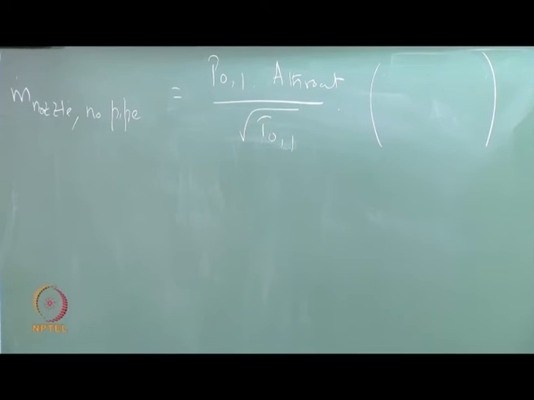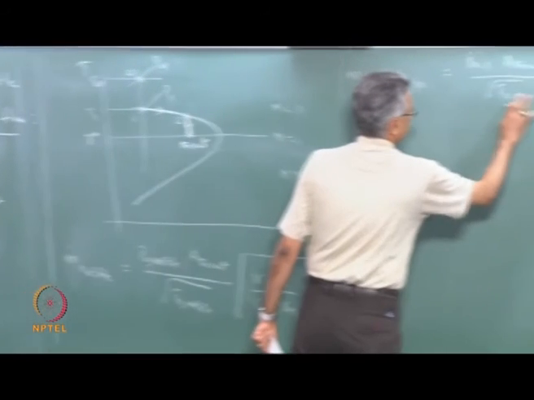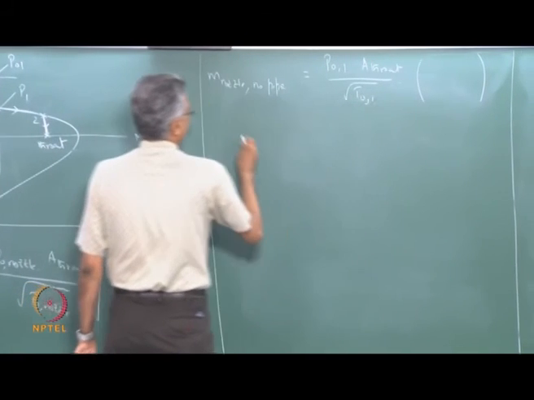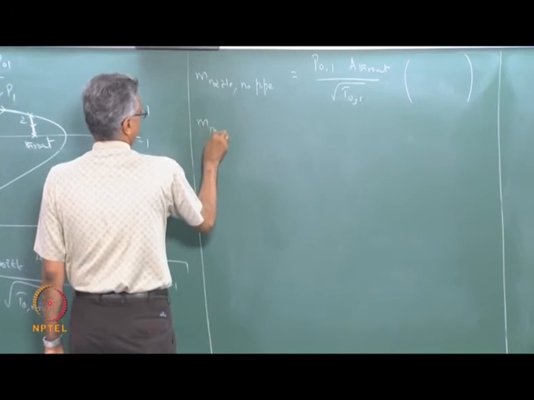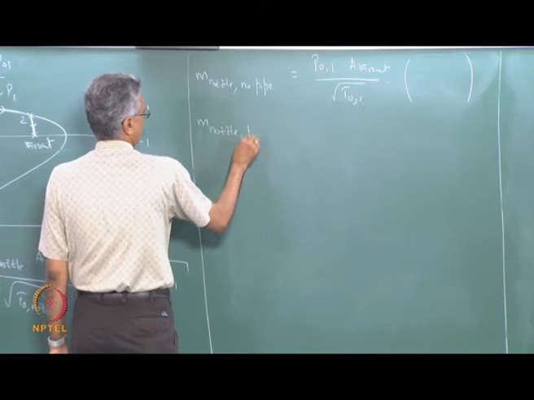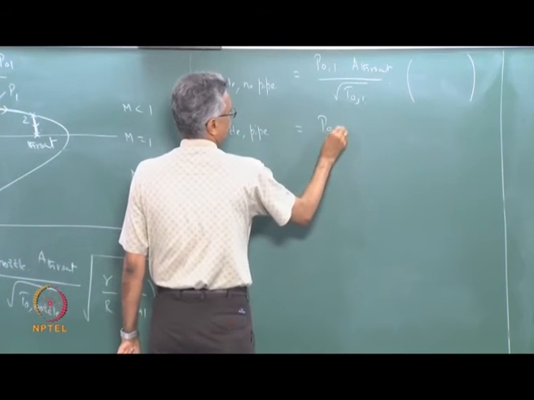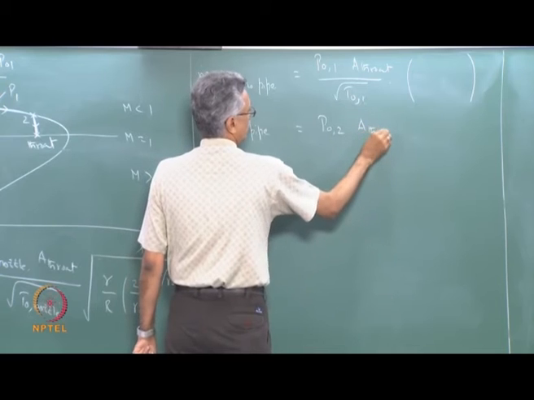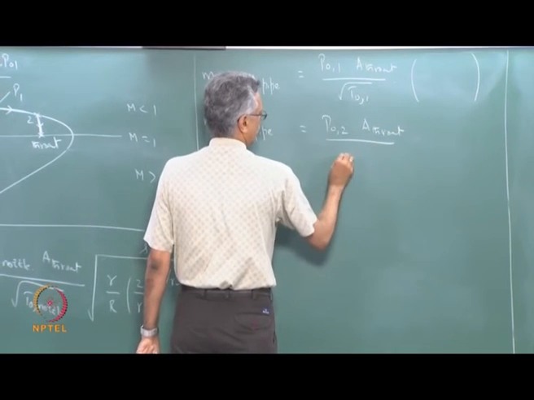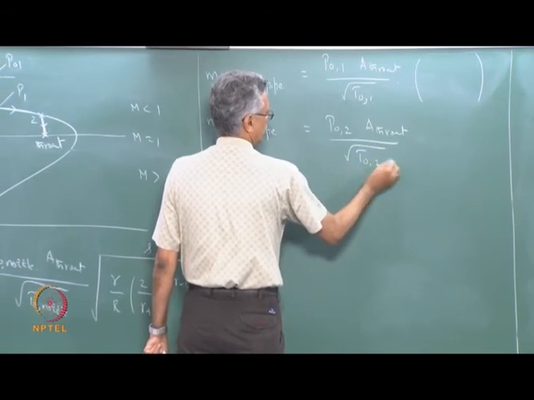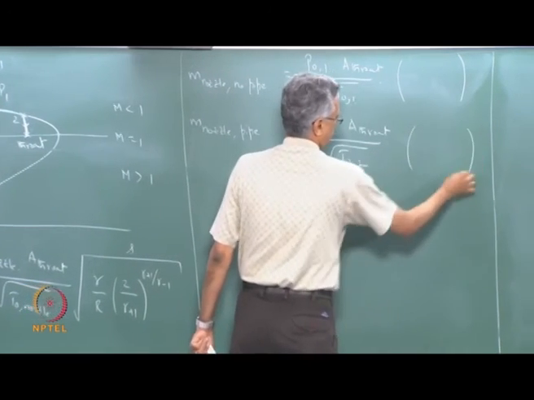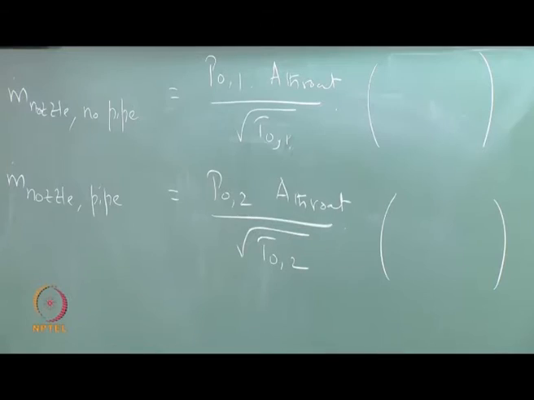Now, when the pipe is present, this becomes P02 times A throat divided by square root of T02 times this.